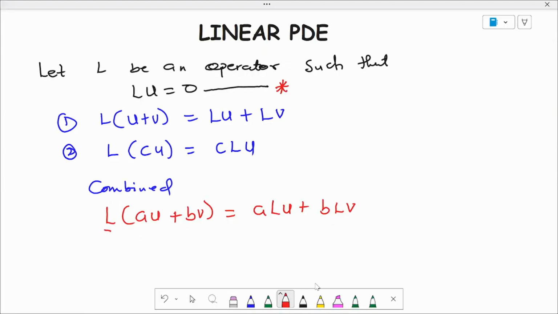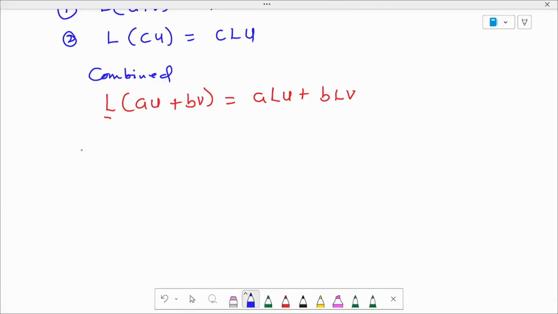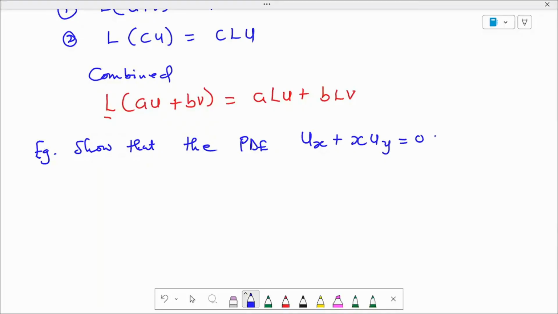Alright, so without wasting time, let's take an example and show how we can go about it. Show that the PDE u_x plus x u_y equals 0 is linear. So what we do is employ the combined version. We know that L(au plus bv) will be equal to, so we substitute that in place of u.